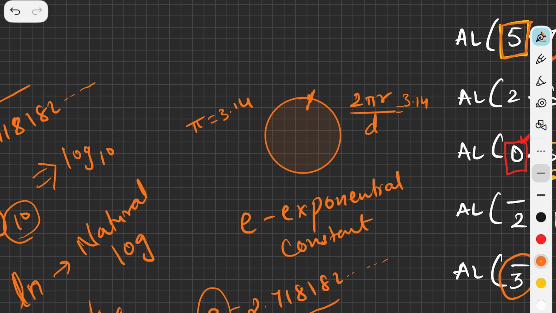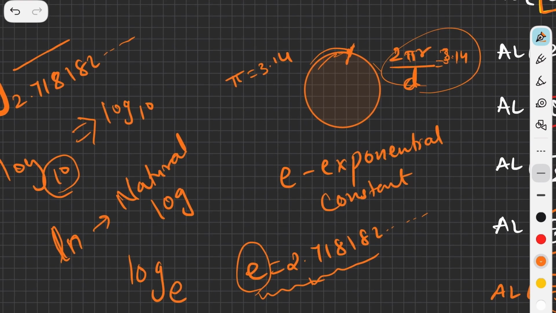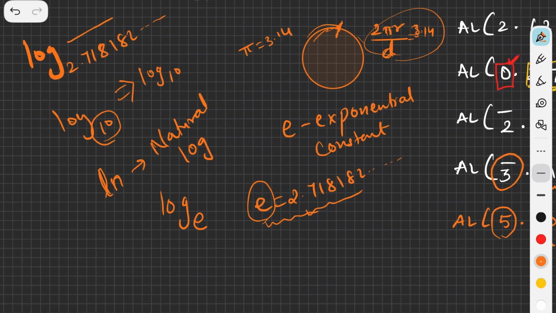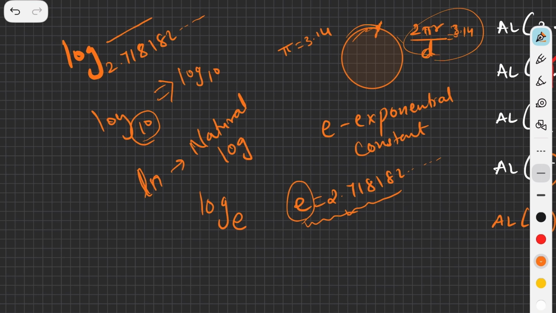Even if you measure it with some meter scale and divide the circumference by the diameter, you will always get 3.14. That's so special about pi. In the same way, the exponential constant is very important in mathematics.